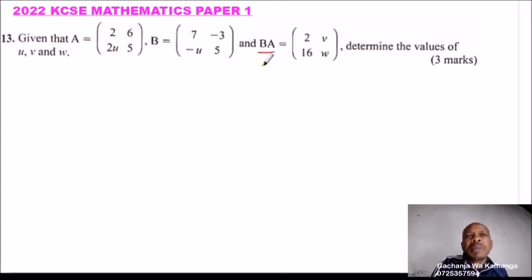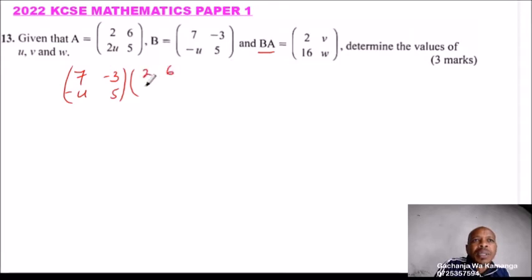Because we are being given the product BA, and we have A and B, we arrange our matrices like this: 7, minus 3, and minus u, 5. So that is B, and A is 2, 6, 2u, 5.